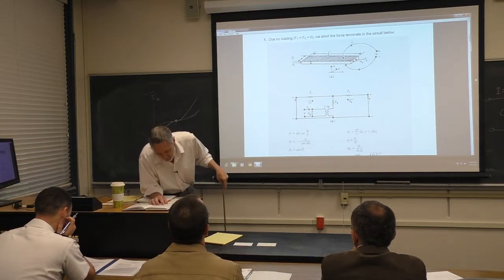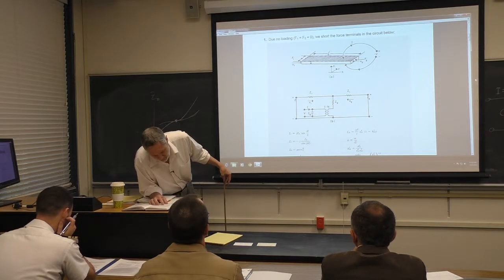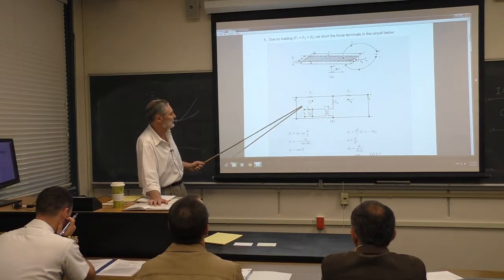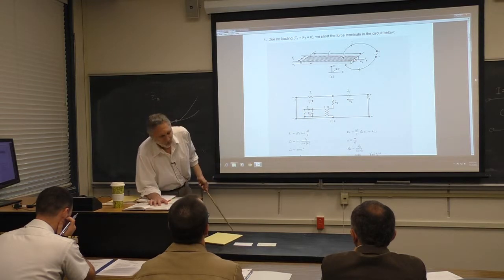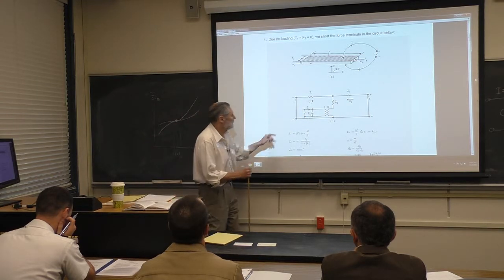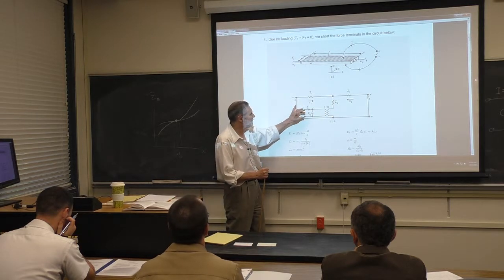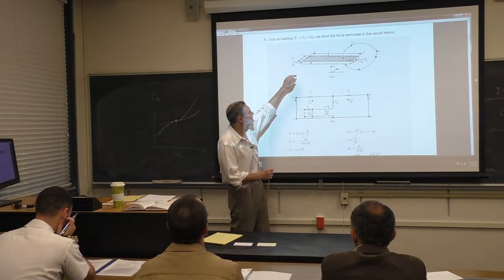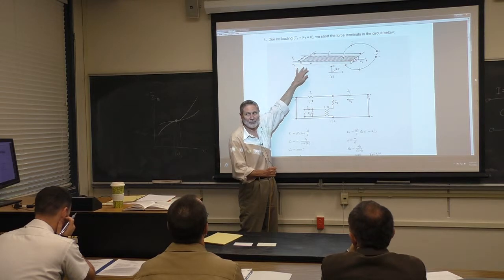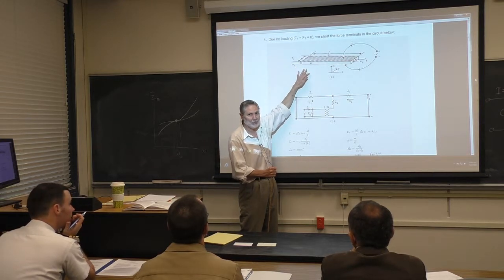So what we're going to do in this problem is look at the admittance, the input electrical admittance here, and we're going to show that the electrical admittance here is identical to what we came up with when we were going through this calculation analytically. We didn't know the equivalent circuit.